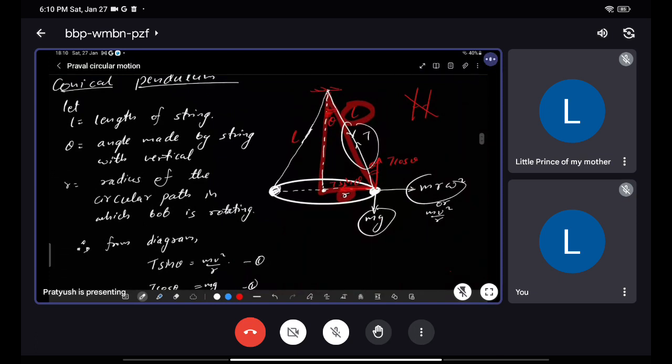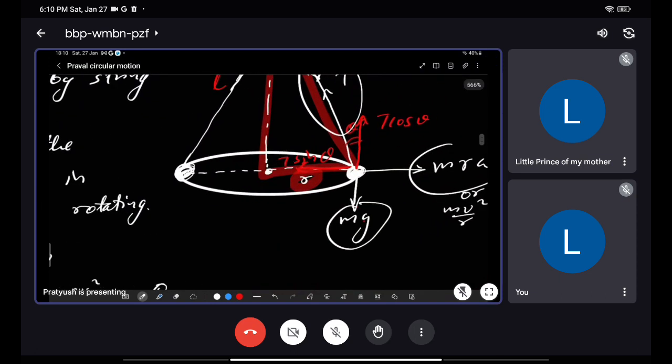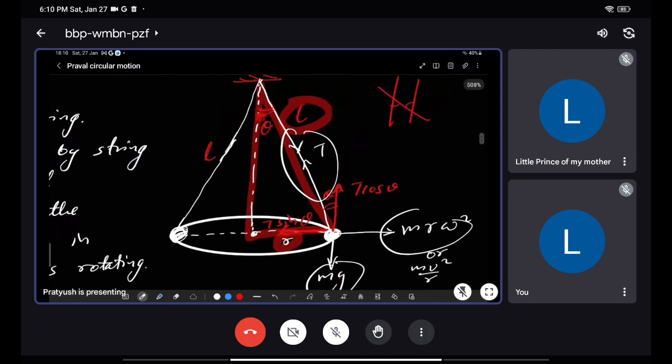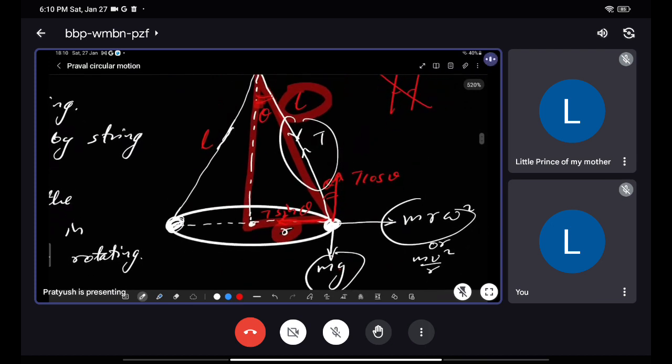Next topic is conical pendulum. First of all, draw this diagram.